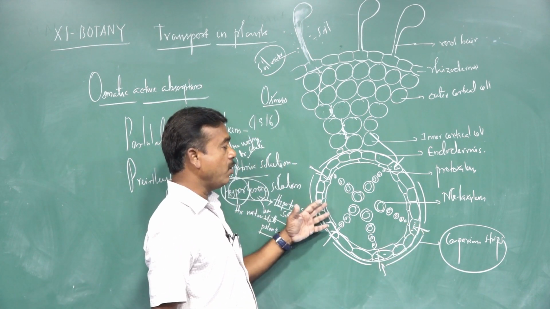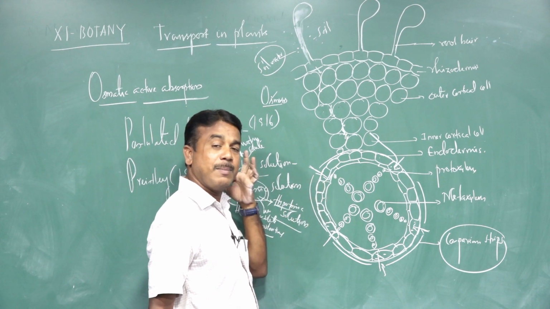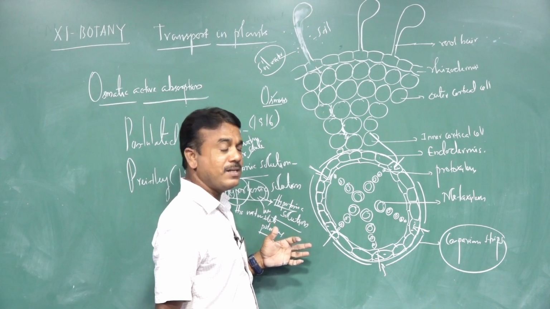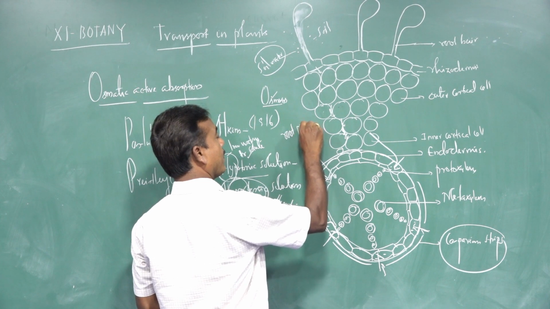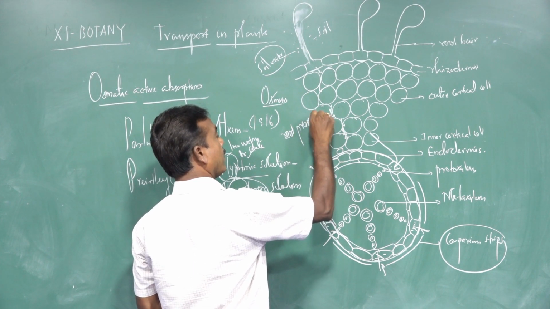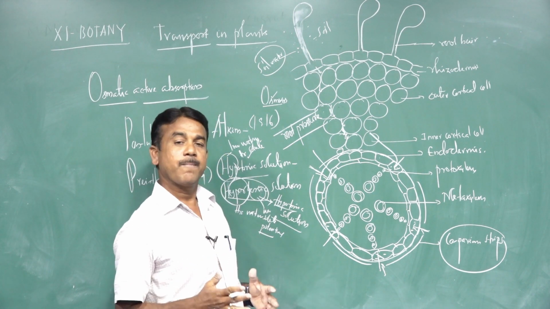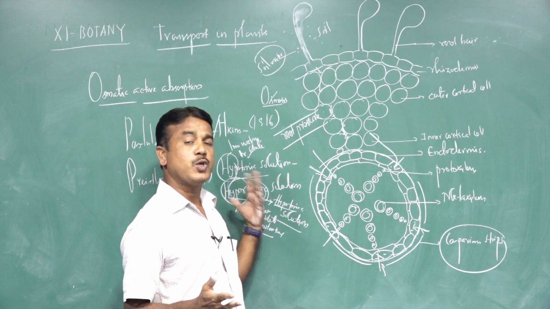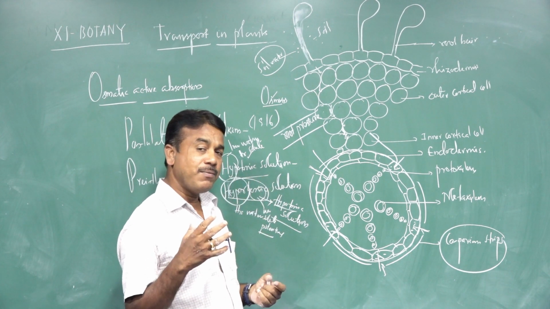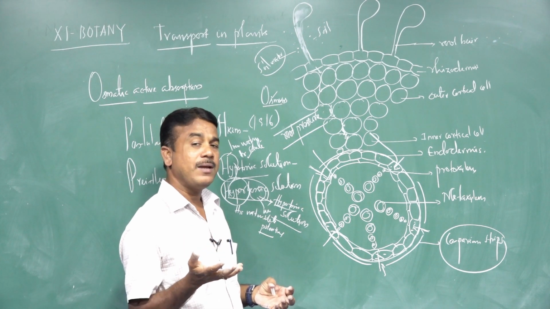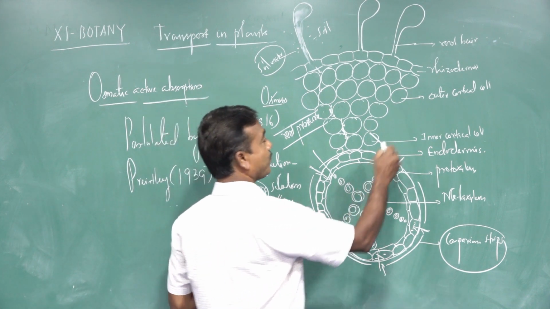When the water molecule reaches the protoxylem, the protoxylem creates a pressure, and that pressure is commonly called root pressure. In active absorption, the way water is taken up is commonly called symplastic movement.